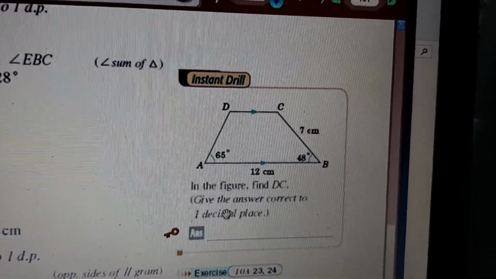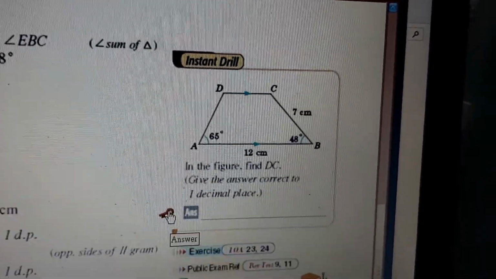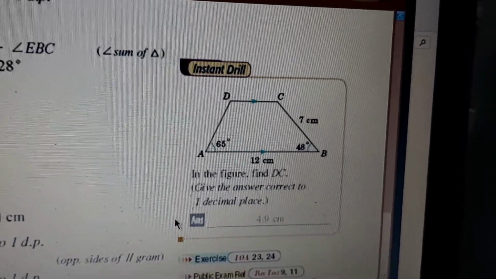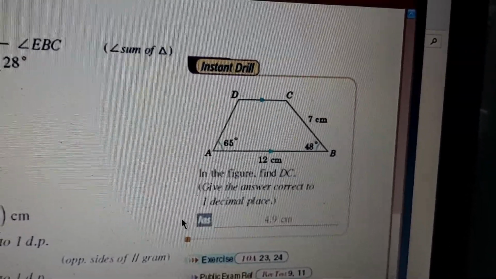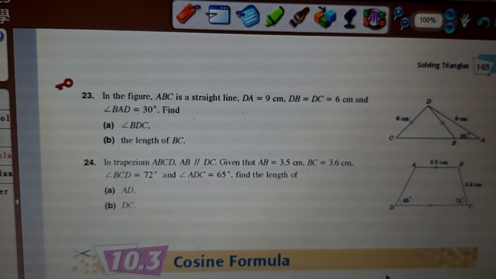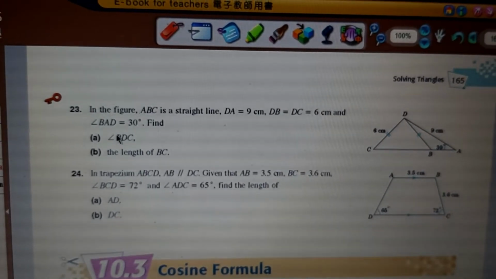After you have finished, you can check the answer. 4.9 cm.